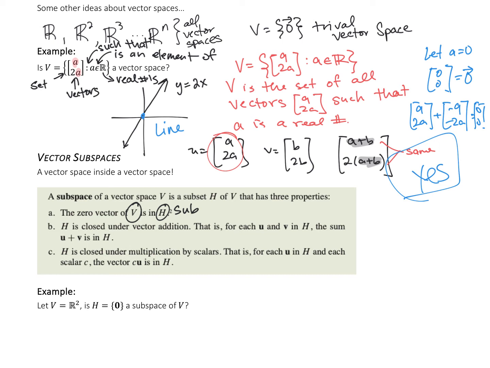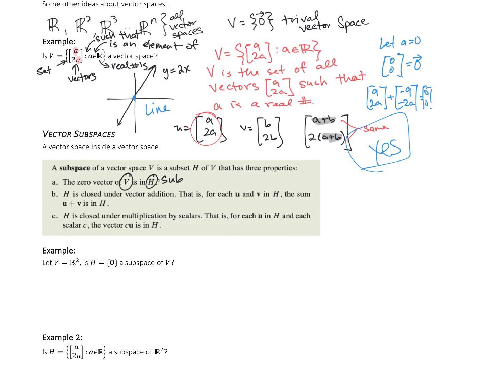So is our trivial vector space a subspace of R2? Let's talk about that. The first principle is that the 0 vector needs to be in H. Well, it is the 0 vector, so that's good. The second one is that it's closed under addition. And I don't know about you, but (0,0) plus (0,0) all day is equal to (0,0).